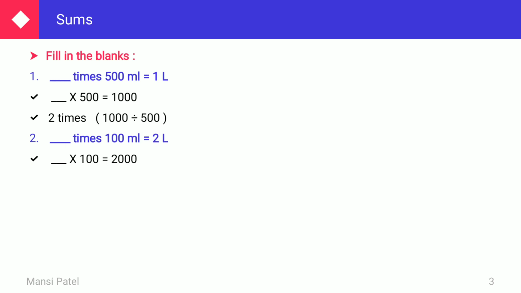As we know already, 2 liter is equal to 2000 milliliter. So just do the division: 2000 divided by 100. Your answer is 20 times. So we can say that 20 times 100 milliliter is equal to 2 liter.